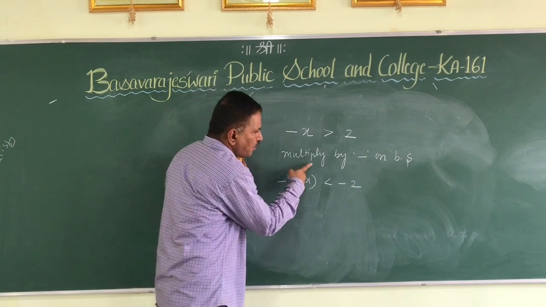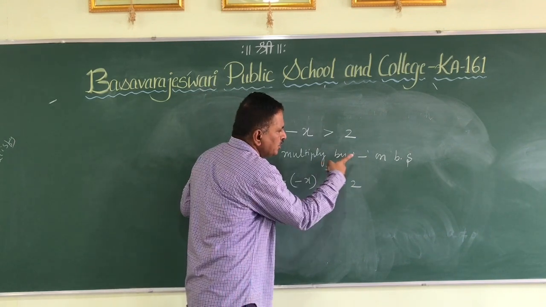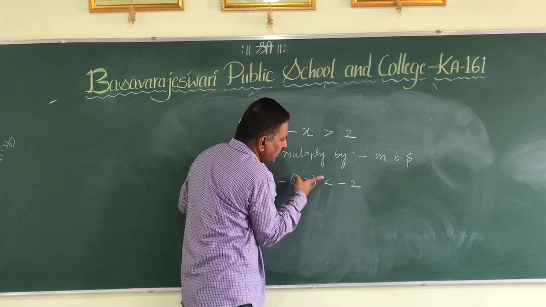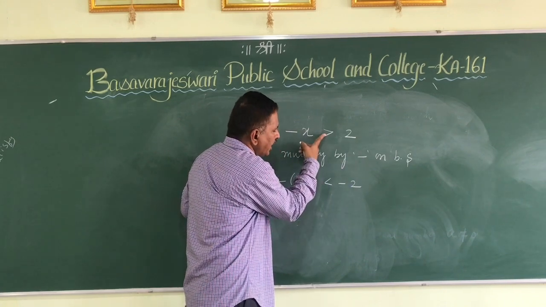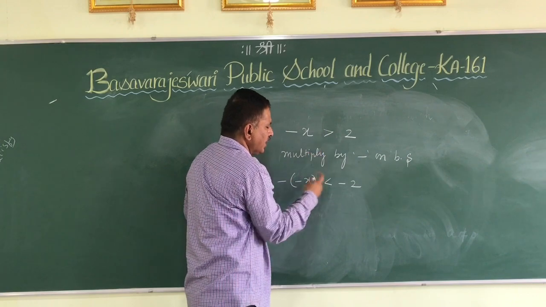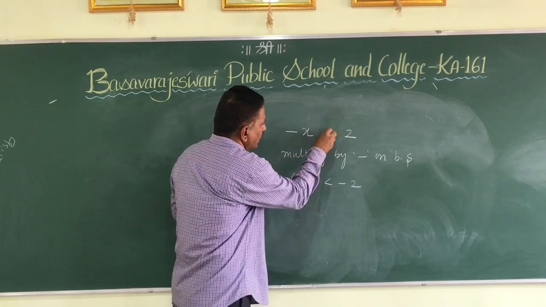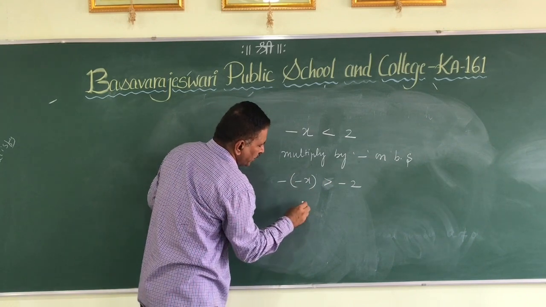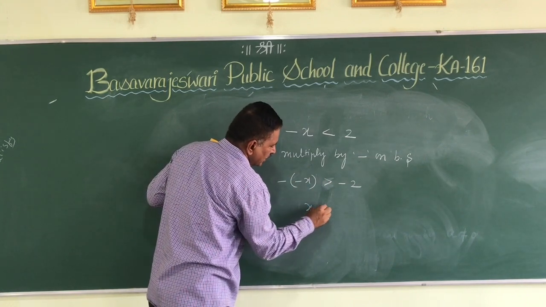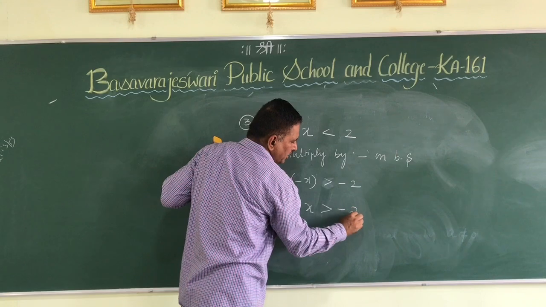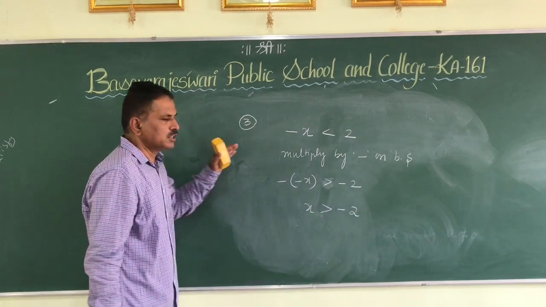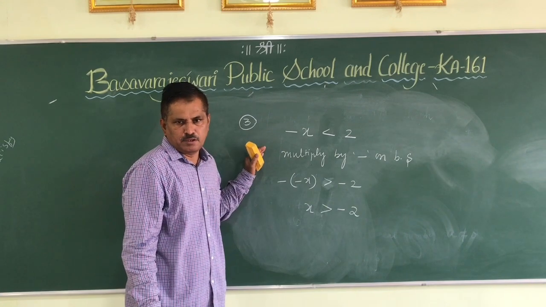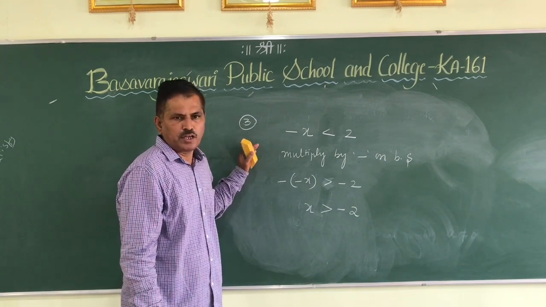So minus into minus is plus, x is greater than minus 2. So this is the third property, which is a most important property. You should remember it very carefully.